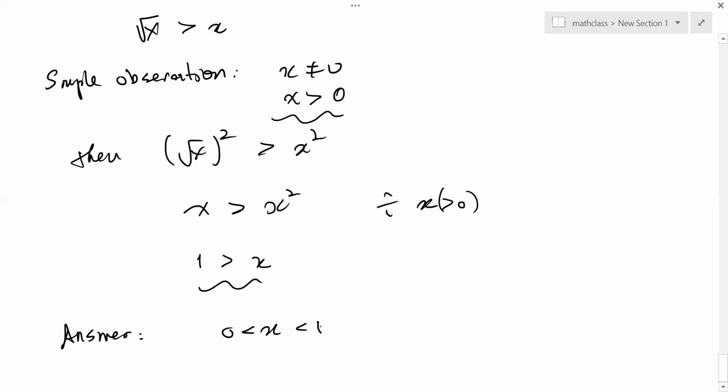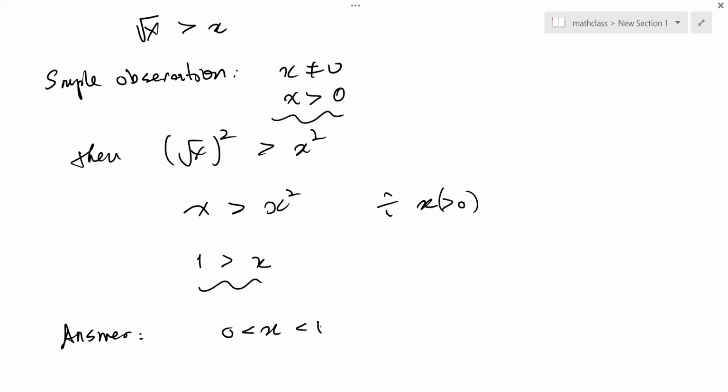Of course, a quarter is a possible solution, but that's not the only solution. All the numbers between 0 and 1 are going to be the solution. This is a pretty tricky problem.